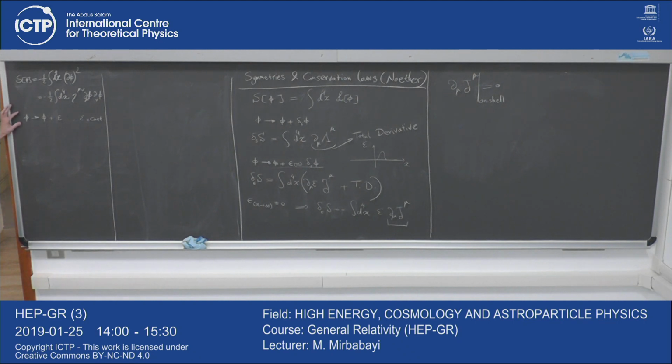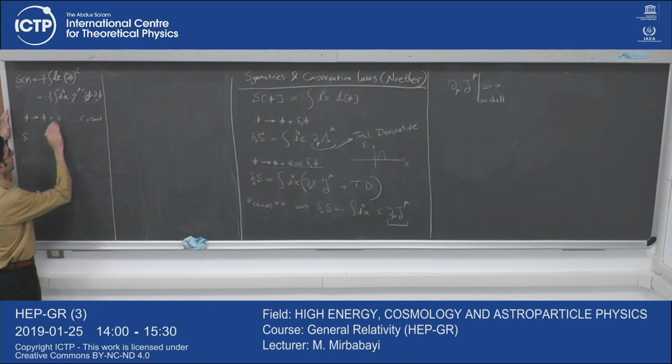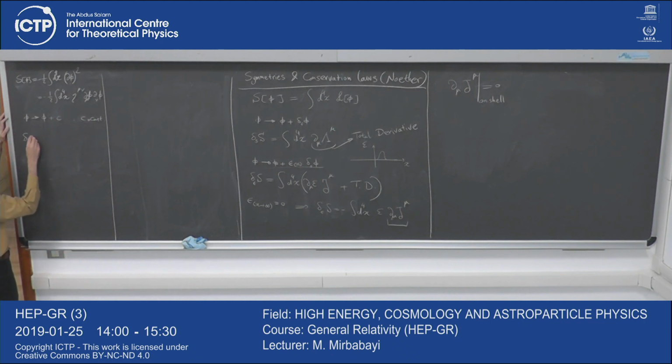Maybe epsilon is not a good notation, so let's call it c. c is a constant. Then the variation delta_c of the action is equal to what? If I shift phi by a constant, the variation of the action under this is 0 because I have derivatives of phi. So this is trivially a symmetry.